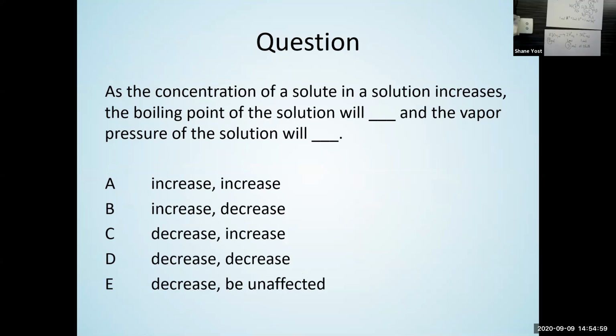Here, the boiling point will increase and the vapor pressure will decrease with the addition of a solute. Questions about this? We should remember those general trends: the boiling point goes up, while vapor pressure and freezing point go down when you add more solute.